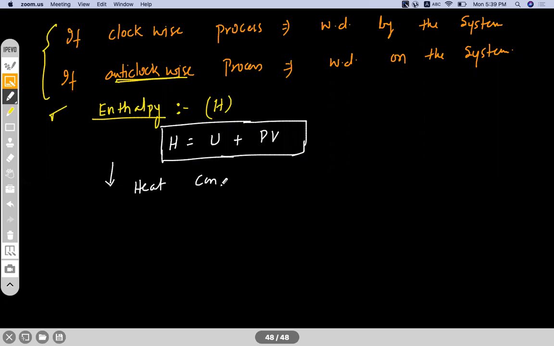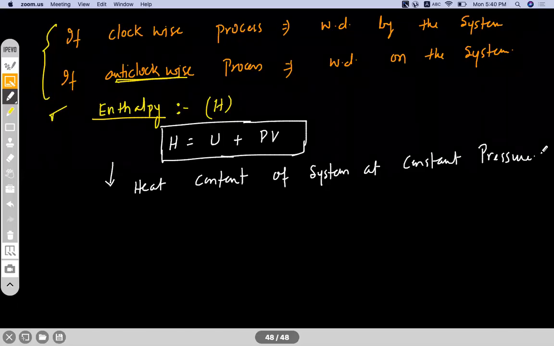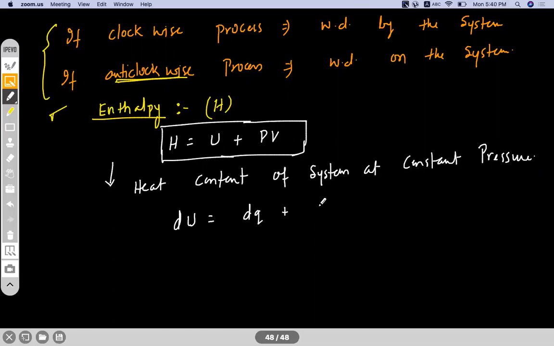Enthalpy is the heat content of the system at constant pressure. So if you look at this expression of FLOT, the first law of thermodynamics, dU is equal to dQ plus dW.